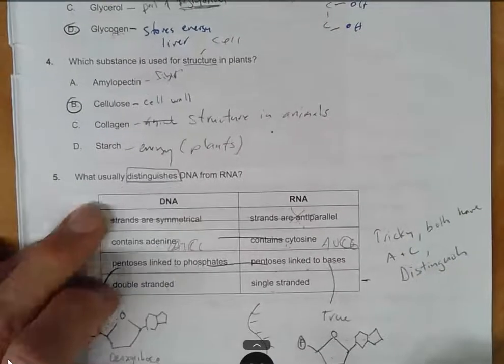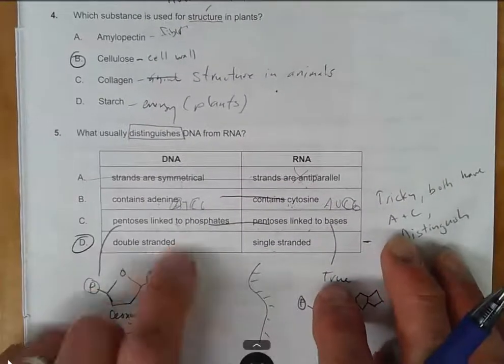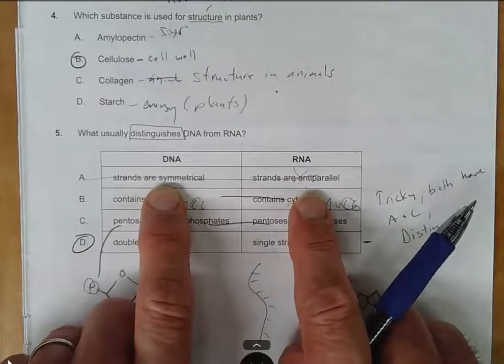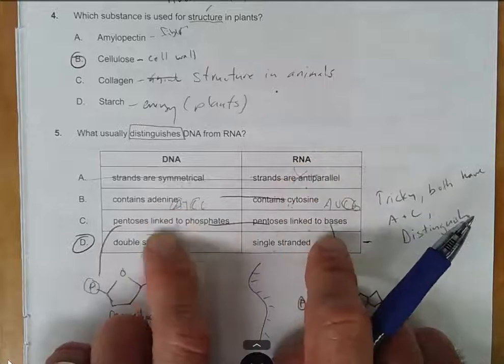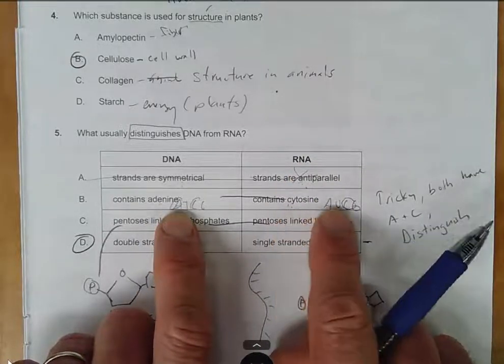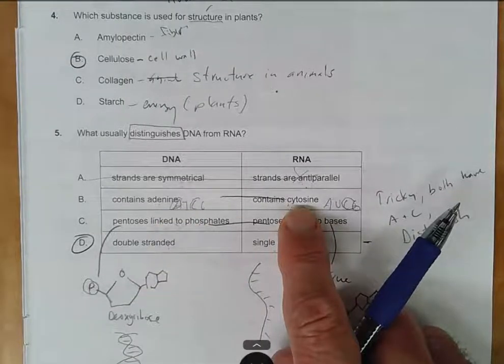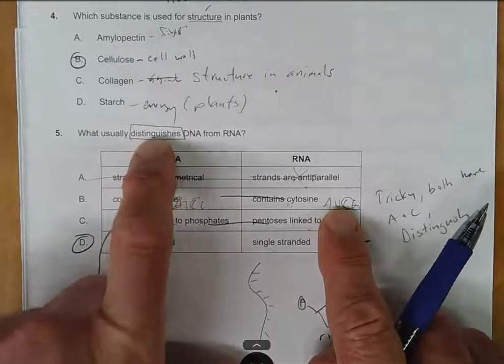And RNA and DNA, you got to know the difference. RNA is not anti-parallel, so that would take that out. This is tricky because they both have these, but it's asking you to distinguish them.